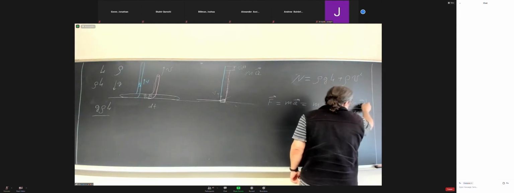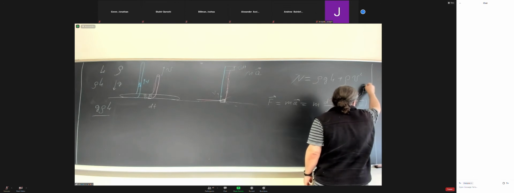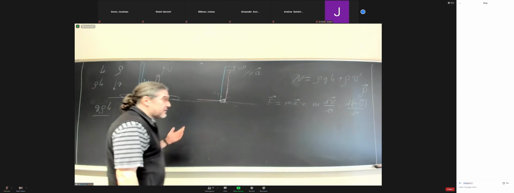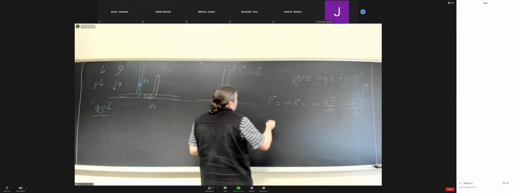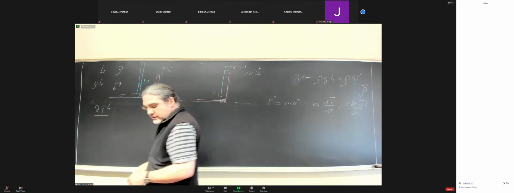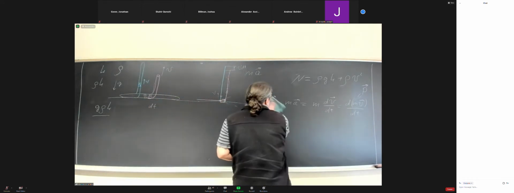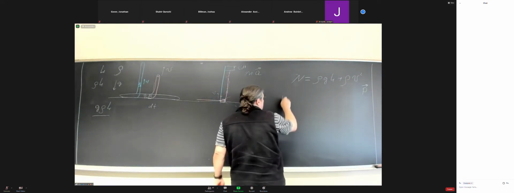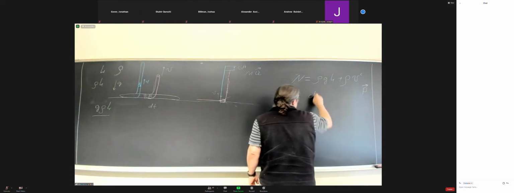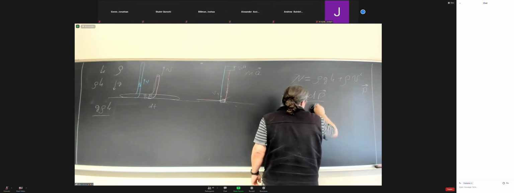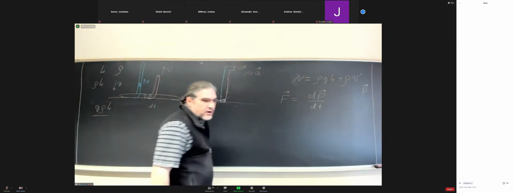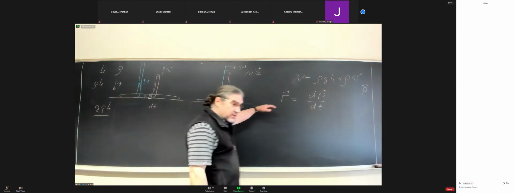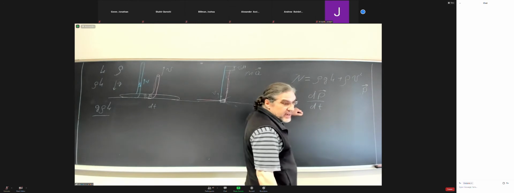But right now I look here, and what I see here is momentum. And then my second Newton's law reads that force F equals dp over dt. It's the time derivative of momentum. Now, this equation is actually a lot more general than F equals ma.